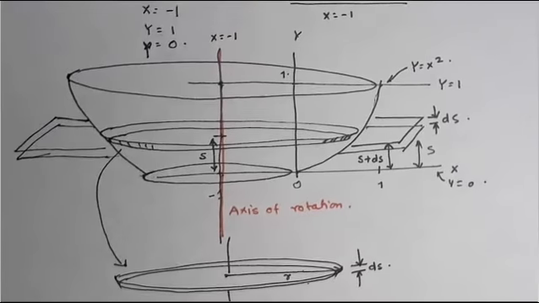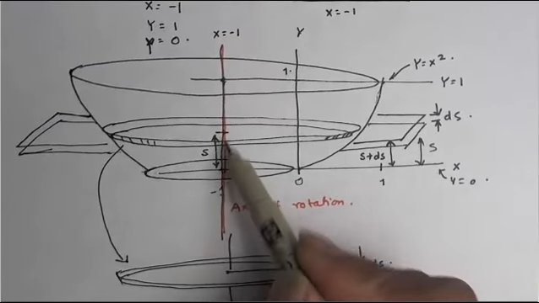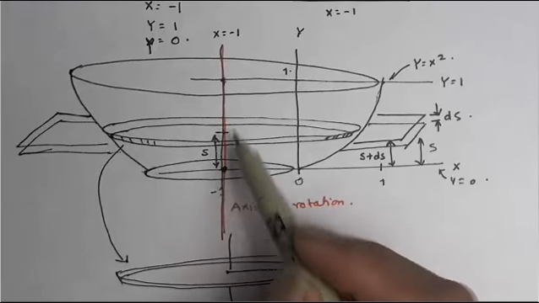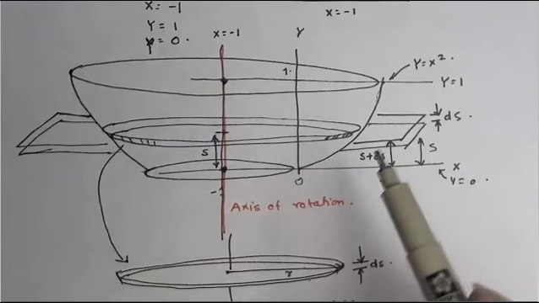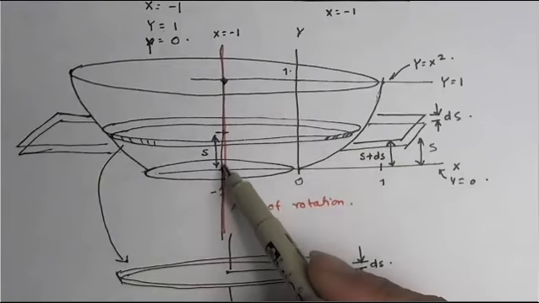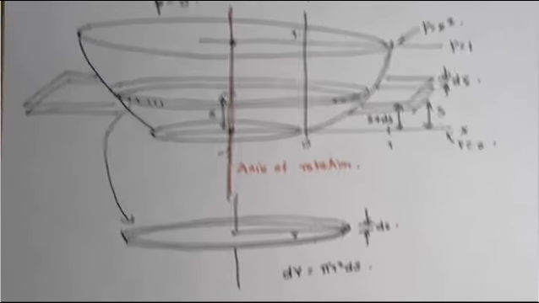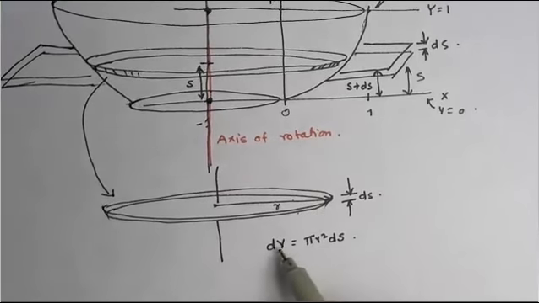Okay, now what we're going to do is imagine that we move s from its smallest possible value to its largest possible value. And for every value of s, we're going to calculate this infinitesimal volume dV, and then we're going to add up all of these dV's.